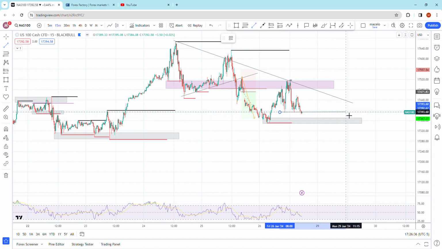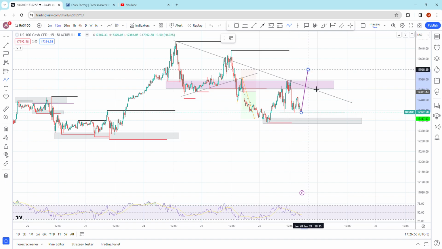So price came here twice already and respected this area. It made a bounce off that, bounced off this again, but made a lower high. So I want to see what price can do at this area. If price would continue to bounce up, but I won't look for any buys until price breaks this area here.